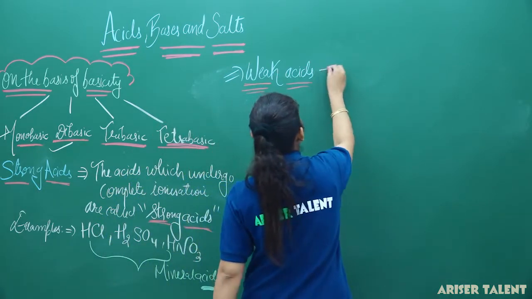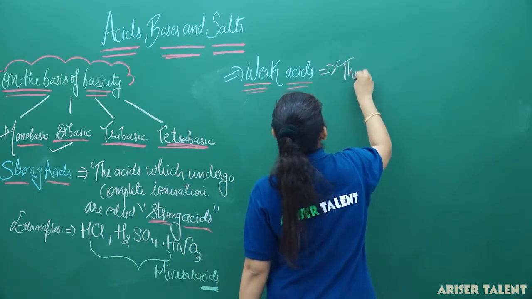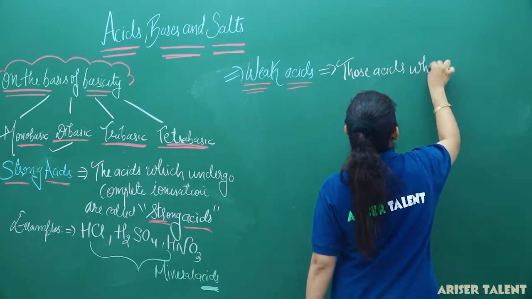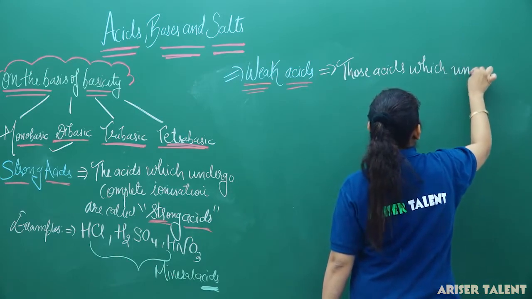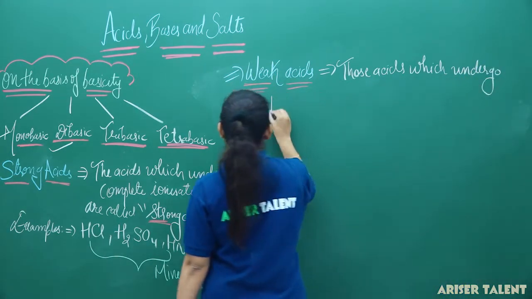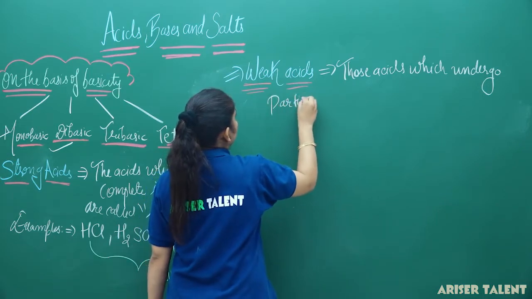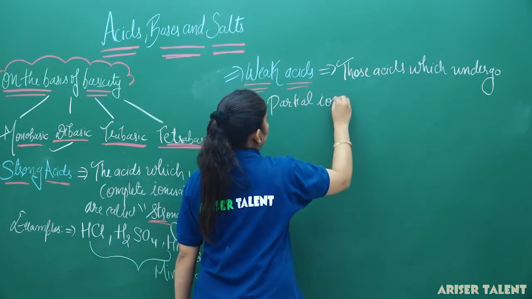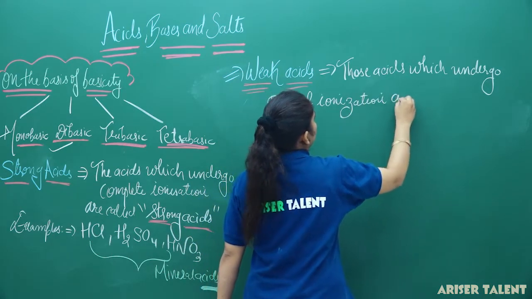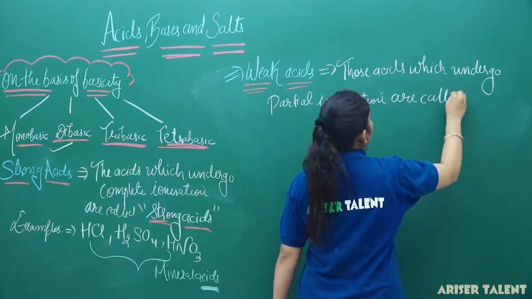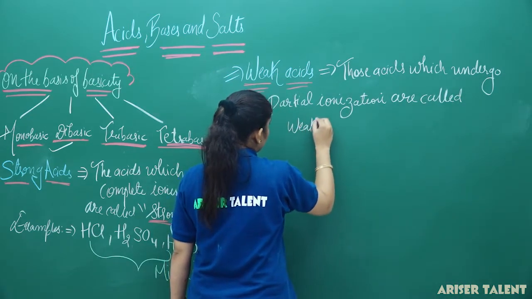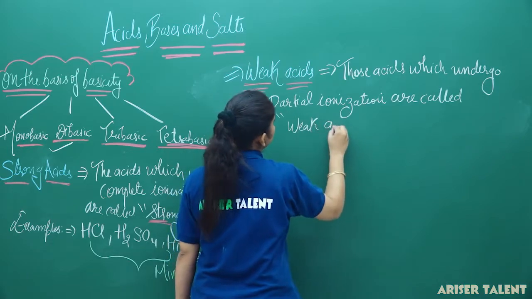So weak acids are those which undergo partial ionization. Which undergo partial ionization are called weak acids.